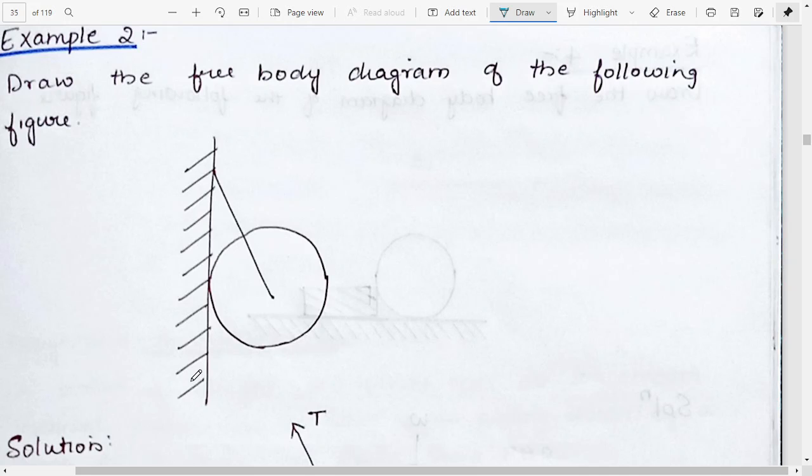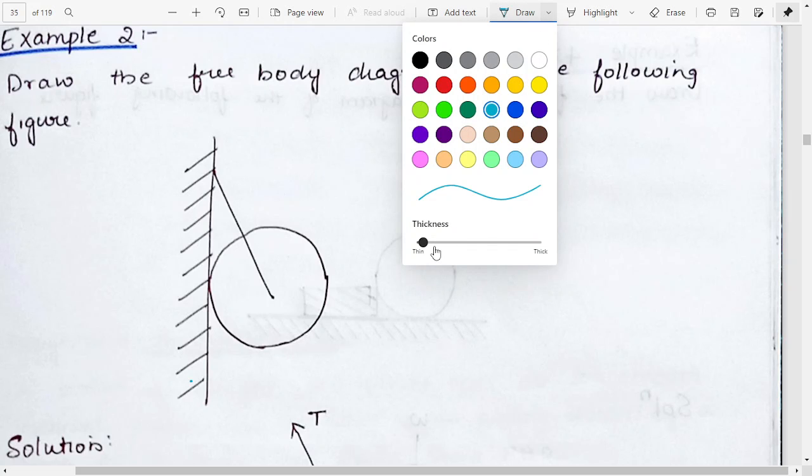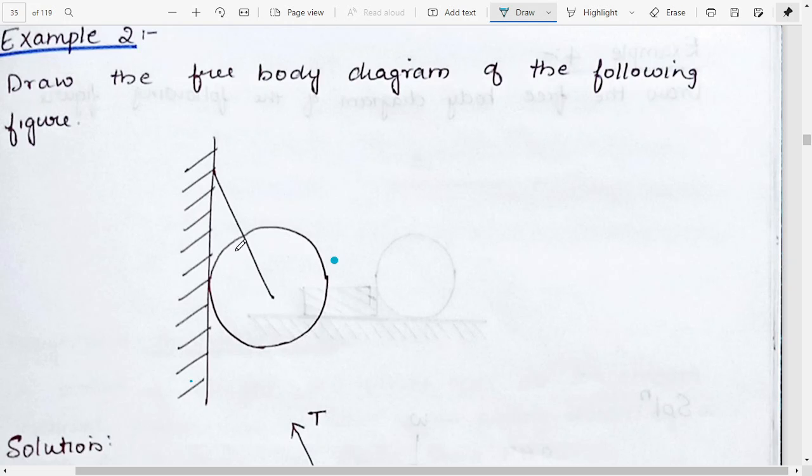So here we have a wall, here we have some kind of a sphere, or we can consider it as a circle. And then there is a tensile force which is holding this circle in this position.